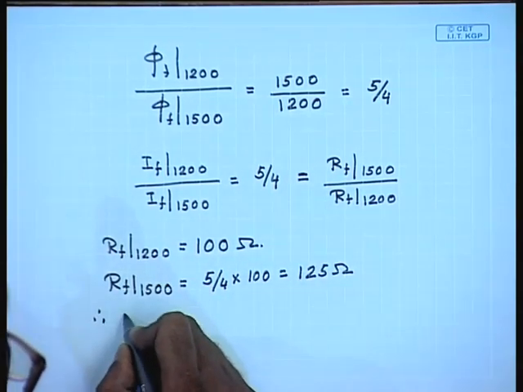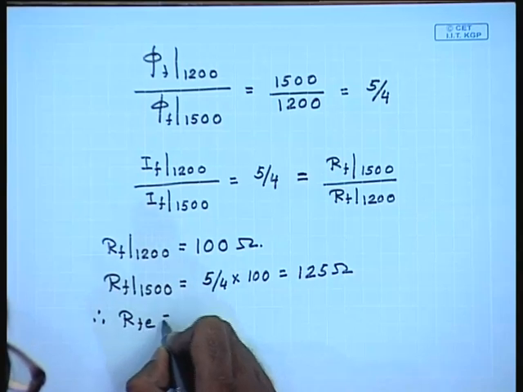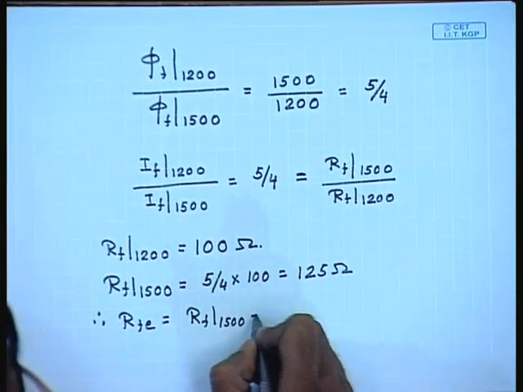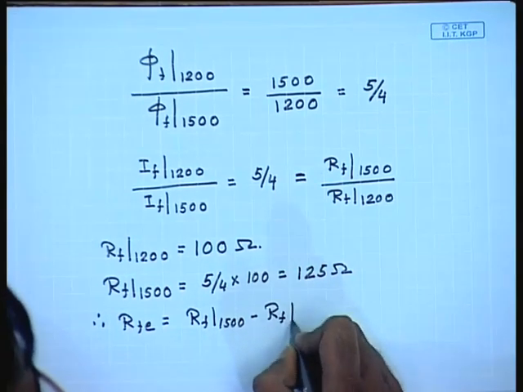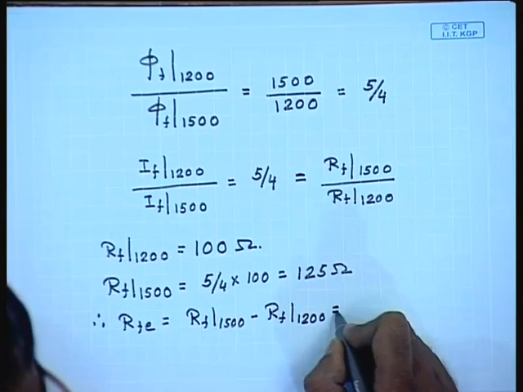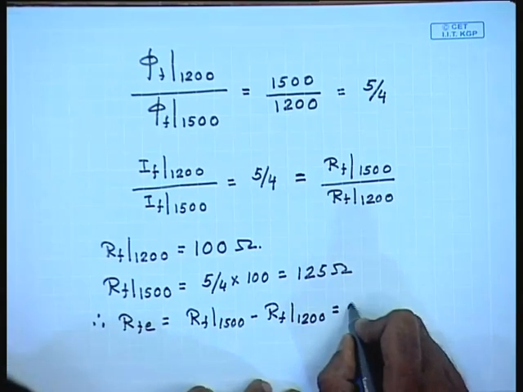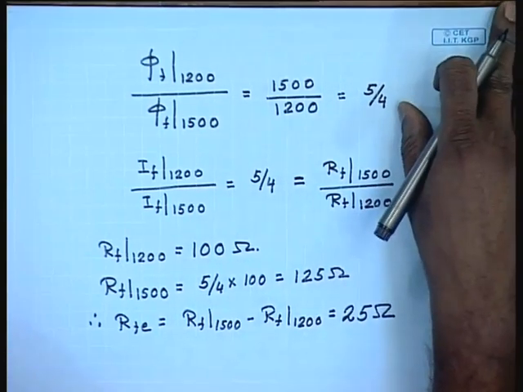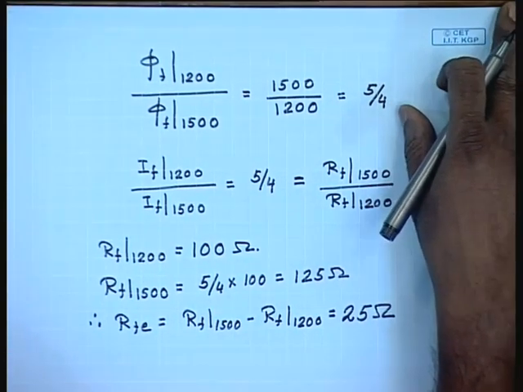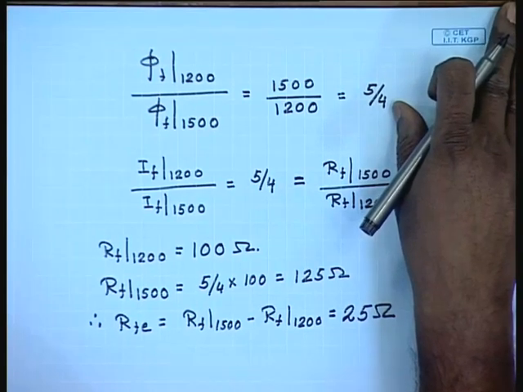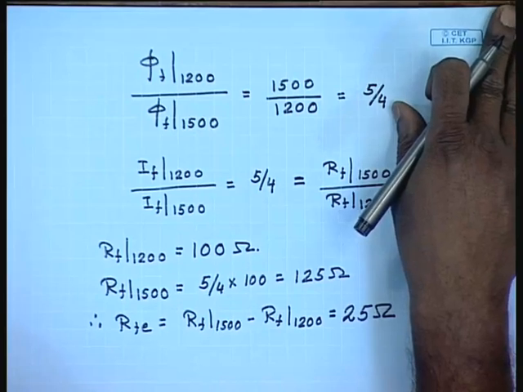Therefore additional resistance Rfe equal to Rf 1500 minus Rf 1200 equal to 25 ohm. So, we need to insert a 25 ohm resistance in the field circuit in order to increase the speed from 1200 rpm to 1500 rpm, while the load current drawn by the motor is 200 ampere.